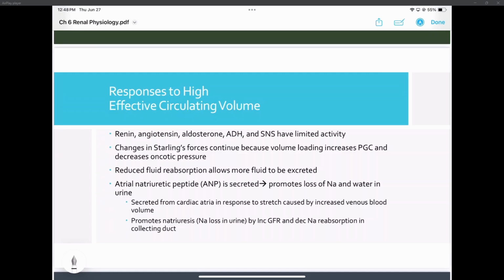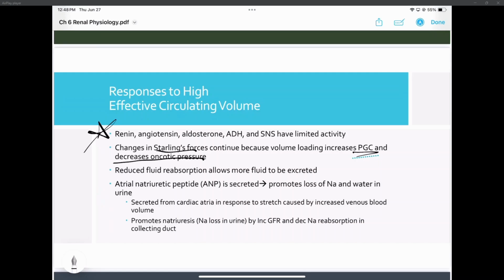Well, all of these things have no effect because they're all to help increase blood volume or increase your pressure, bring things back up again. But we're high already. We don't want renin to come back out. We have to get rid of fluid now. We still have changes in our Starling forces because now we have increased hydrostatic pressure in the glomerular capillary and also decreased oncotic pressure because we're in high pressure.